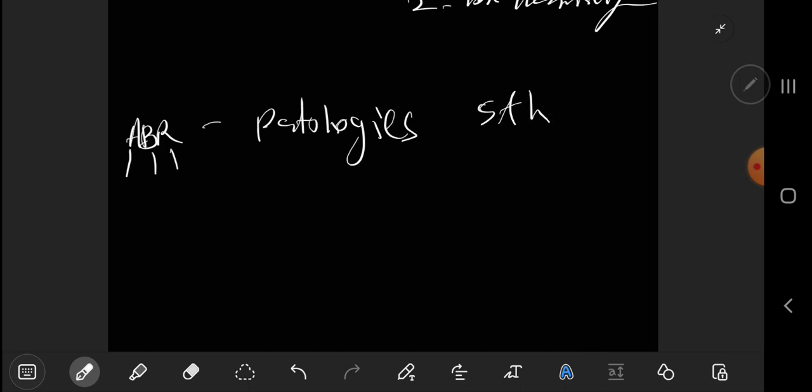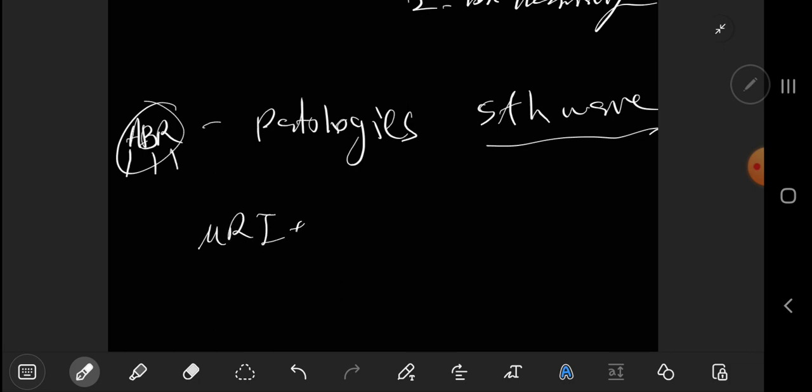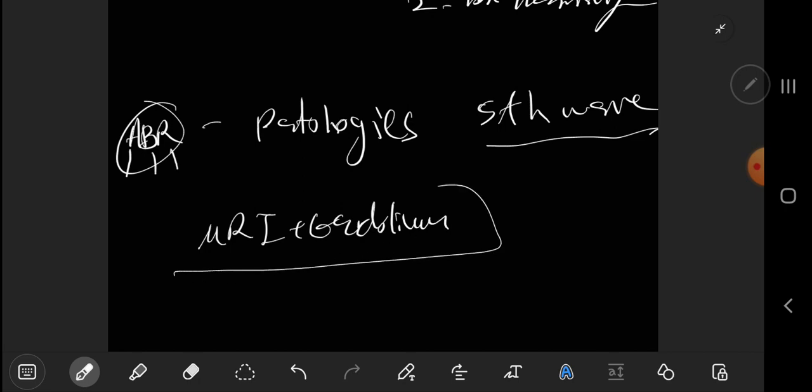In the 5th wave in the ABR test, there are pathologies like increased latency or absence of the 5th wave. This is another test that can be used to identify it. But when you're doing an MRI with gadolinium, you should see the tumor, and this is maybe the best way.